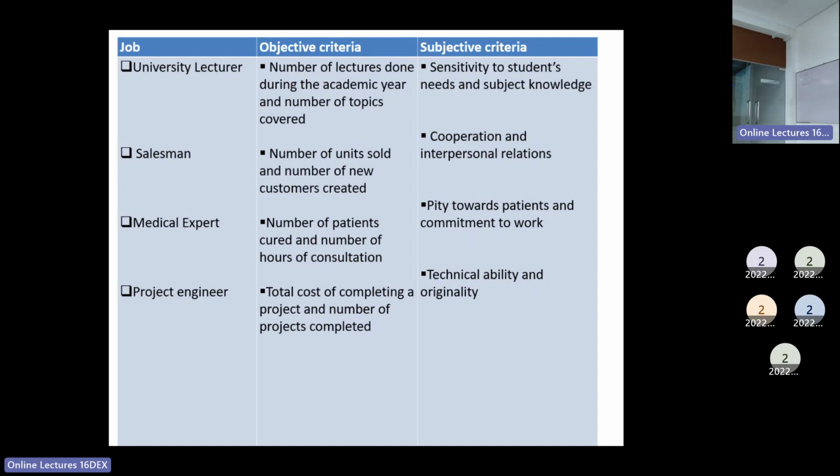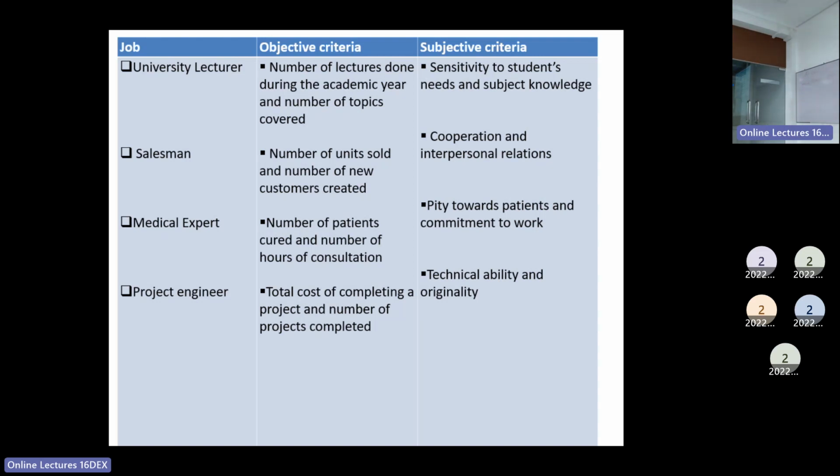So this standard is for the number of units sold criterion. And the number of new customers is another criterion. For that, you have to have another standard. Without this, you can't do the rating. It's unfair. So you have to have another standard.